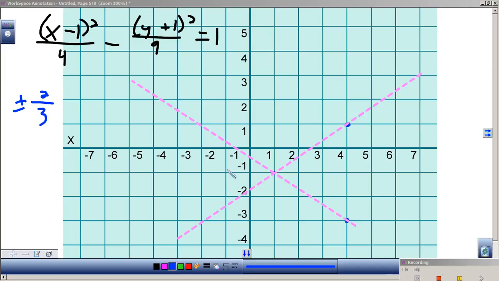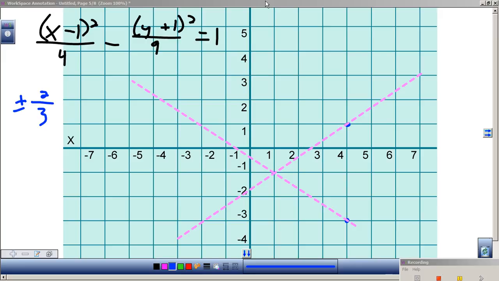Okay, next thing you said was vertices. How far are your vertices away from this point? 2 units. How do you know? Yeah, because A is 2. Did you do A over B for one and B over A for the other?